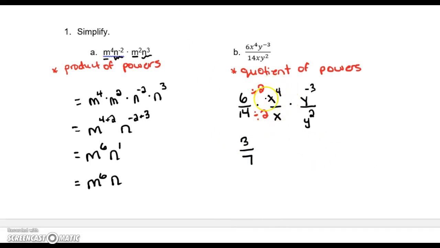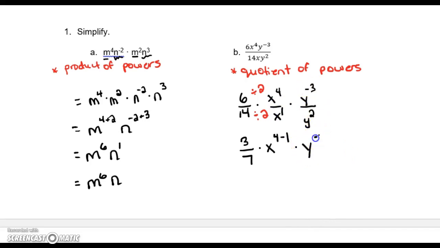Moving on to my next fraction, I can rewrite this using our quotient of powers. So I can write this as times x, and here we're going to subtract those exponents. We have 4 minus, and when you don't see anything there, you can assume that this is a 1. So this is 4 minus 1. We can do the same thing for the y values.